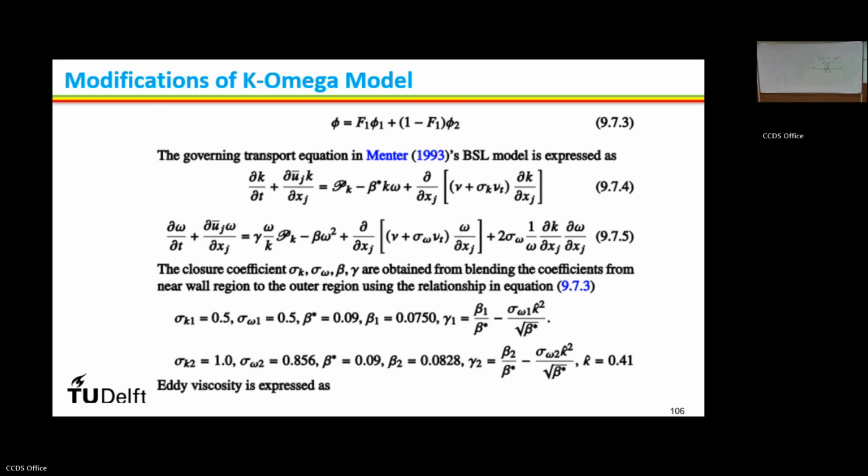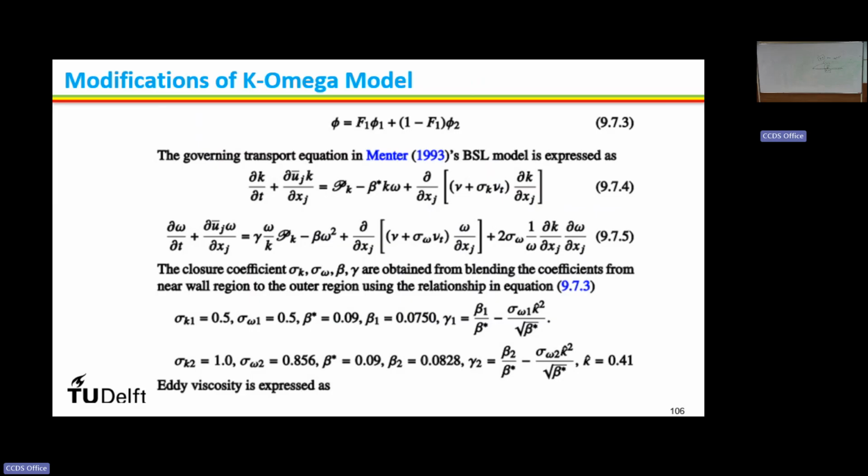Clear? So then he evaluates beta, and that beta he will use here. It is not a constant value. It's a value that is interpolated with the blending function. Clear? What the blending function is is now clear.